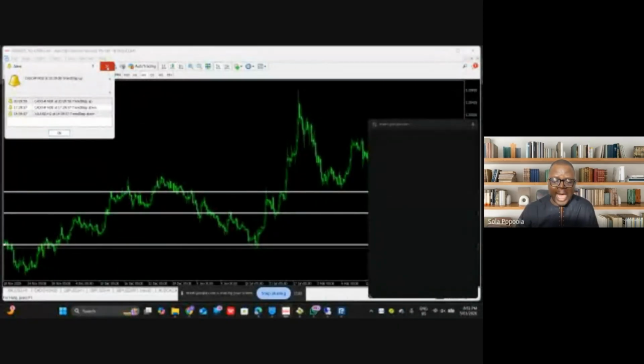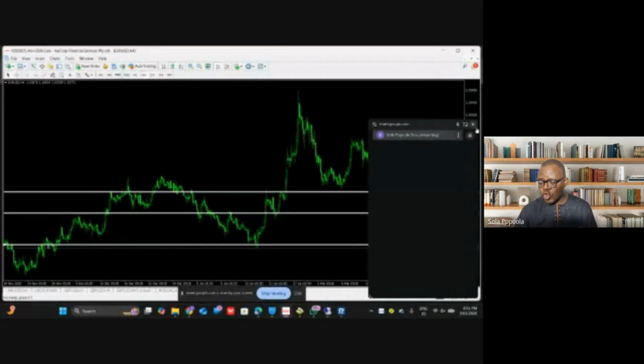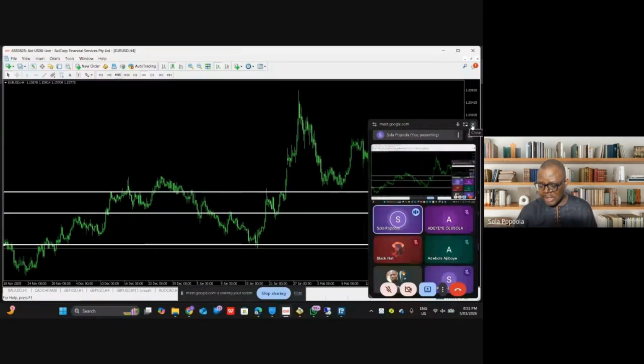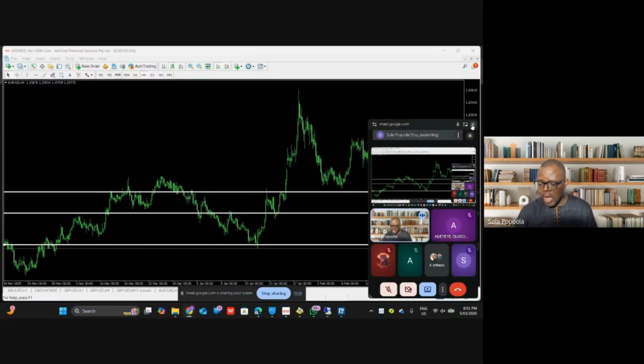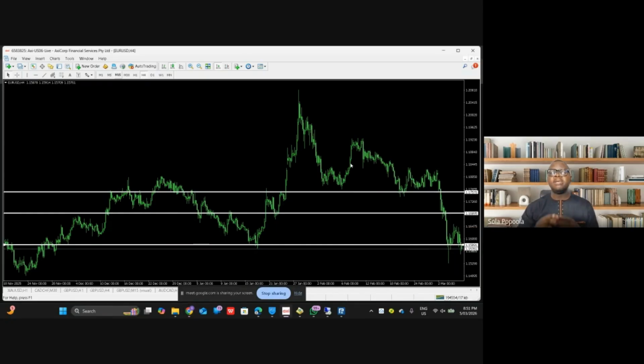Supply and demand zones are different from support and resistance. Please, you need to get that. You need to have an understanding of that.